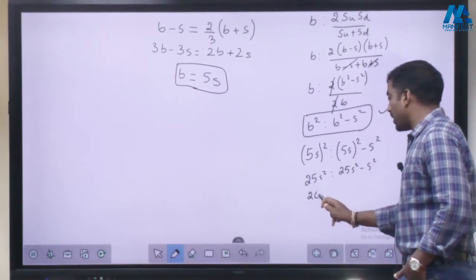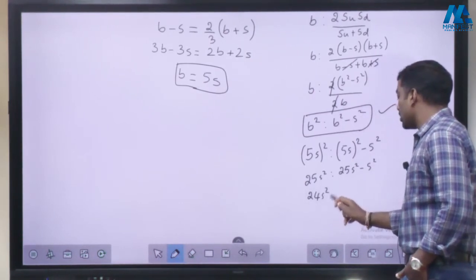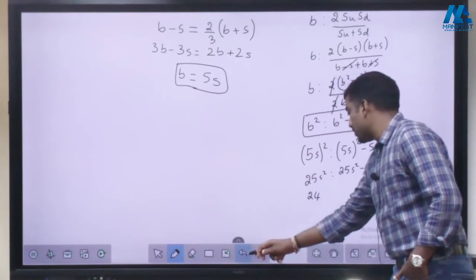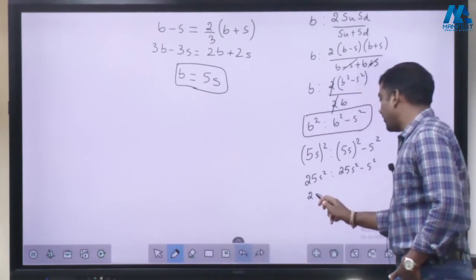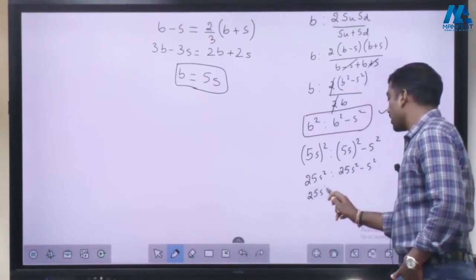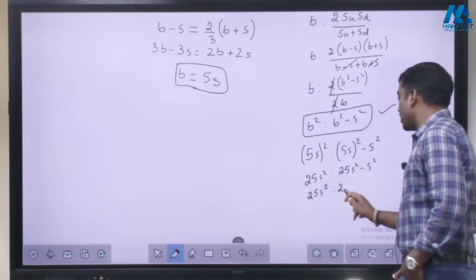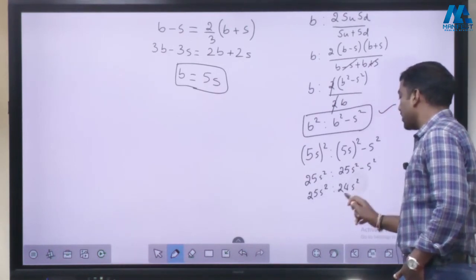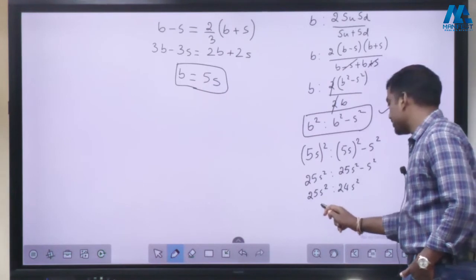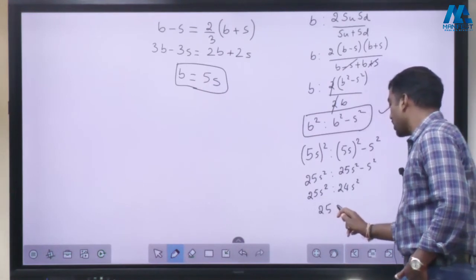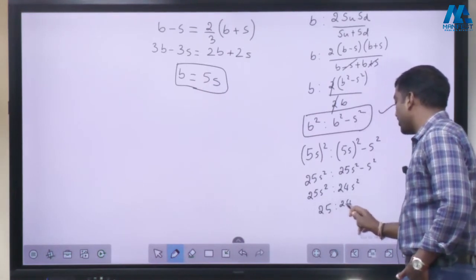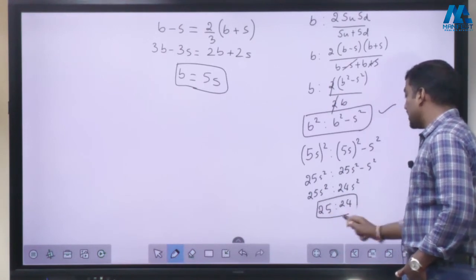So 24S square. 25S square is to 24S square. S square get cancelled. 25 is to 24.